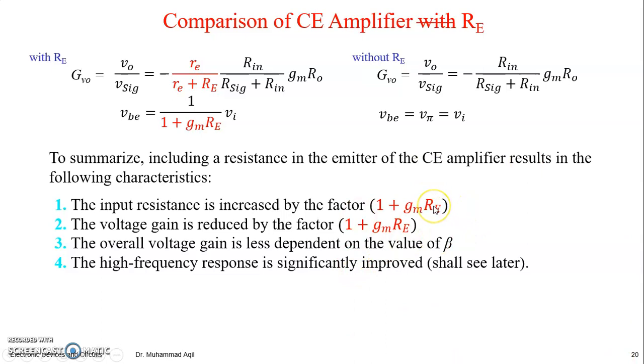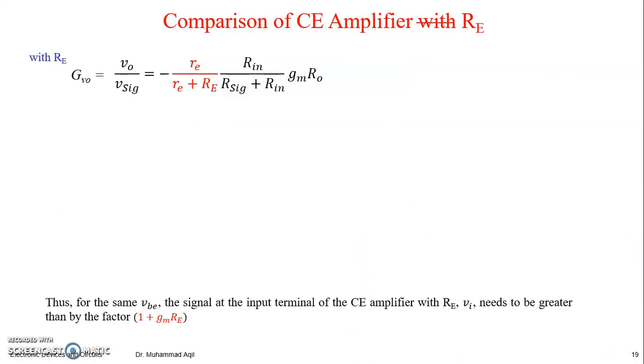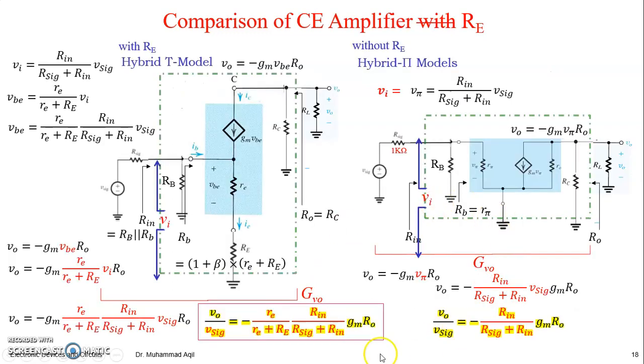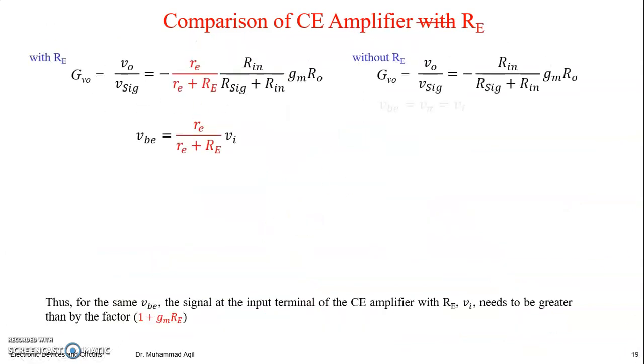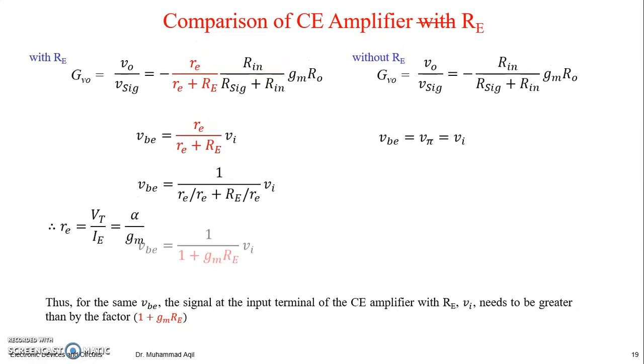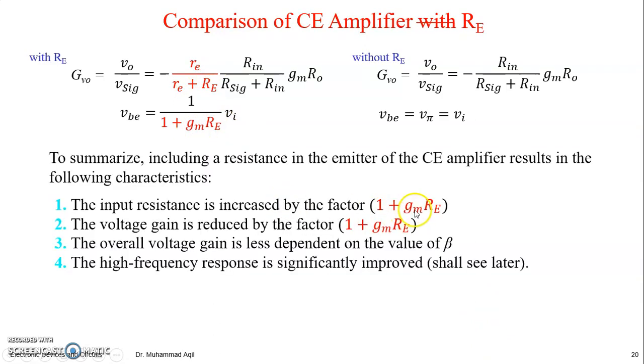Whereas in the case of the common emitter without RE, it was RB parallel to R pi. Usually this RB is very high, so it's actually R pi, and R pi is equal to 1 plus beta RE, only 1 plus beta, small re. But here it's not only re, it's 1 plus GM into RE.